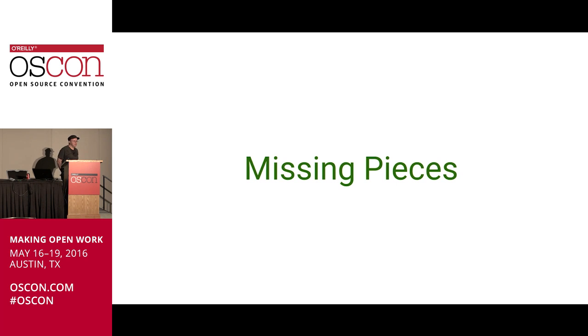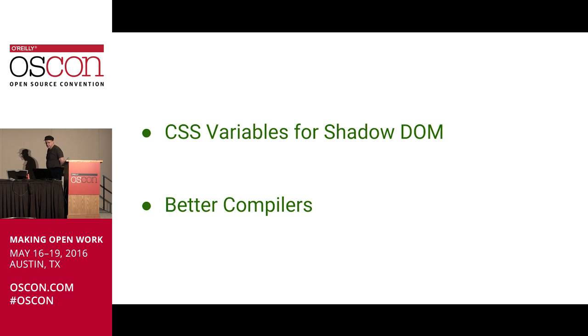Not everything is puppies and roses over on this side. So there are missing pieces. I didn't cover Shadow DOM. Shadow DOM is a way of hiding things from users. And in this case, you can't style down into the Shadow DOM when you start creating stuff. And so that's where CSS variables come along.